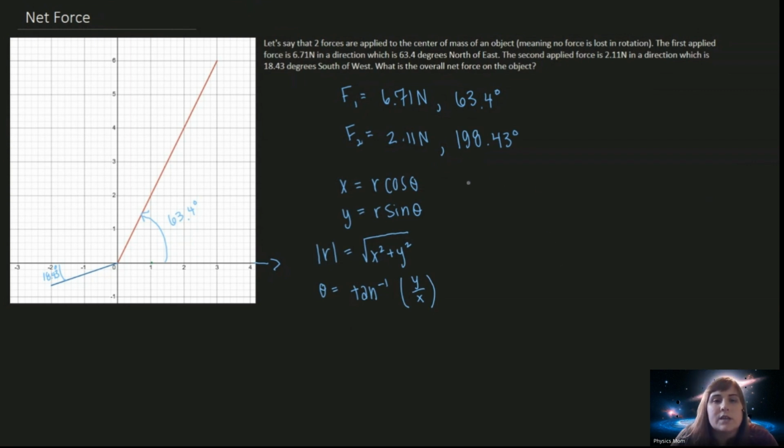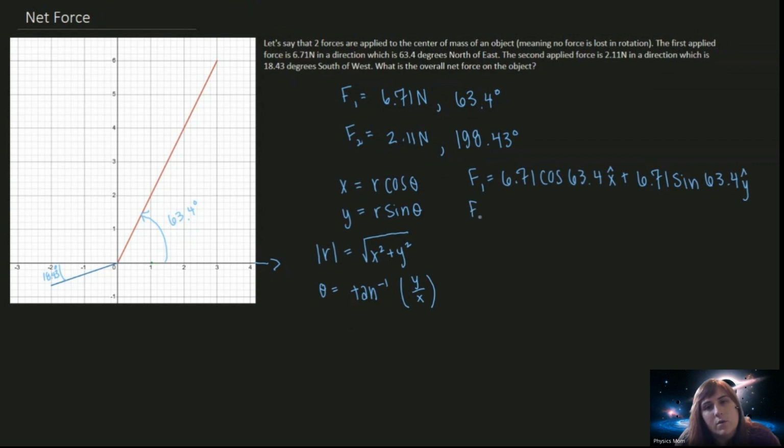For the first case, force 1, let's put it in its component form. My x component is going to be that radius, 6.71, times the cosine of 63.4 degrees, in the x hat or i hat direction, whatever notation you prefer, plus my y component, which is the same radius, 6.71, times the sine of 63.4 degrees, in the y hat direction.